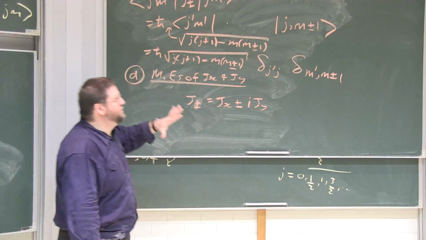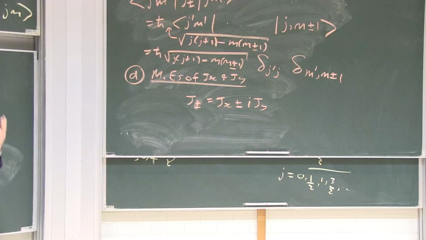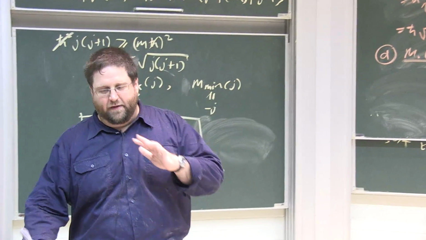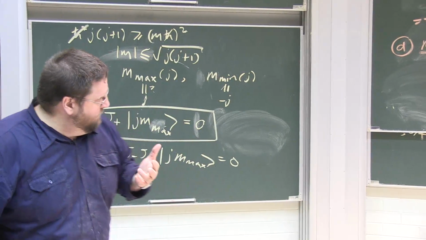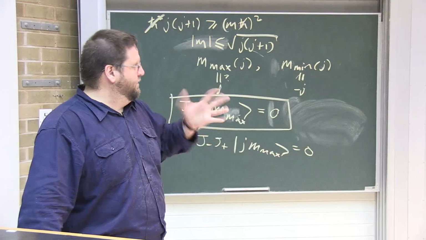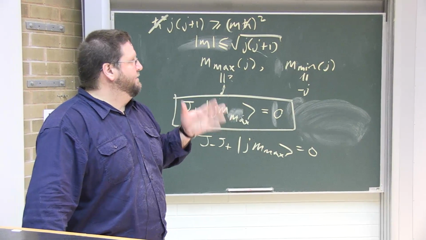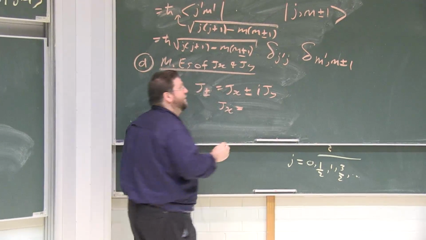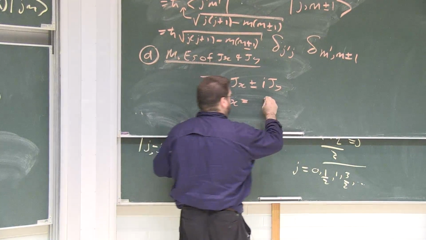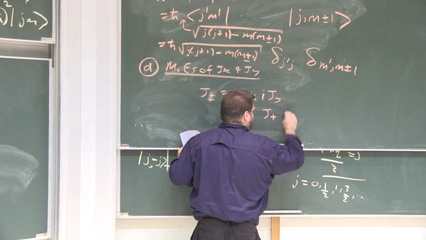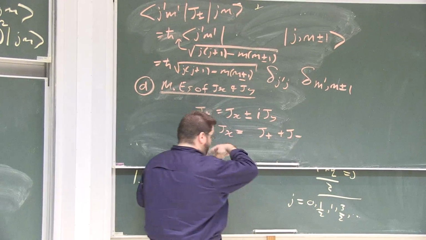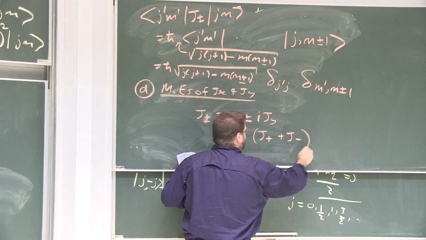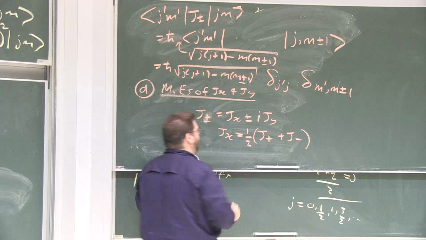Now this is all linear algebra from one perspective. If the j plus and minuses are linear combinations of jx and jy, the converse is also true. Jx is a linear combination of j plus and j minus. For example, if you take j plus and add j minus, the jy terms will cancel. You'll get 2jx, which is fixed up with a half.